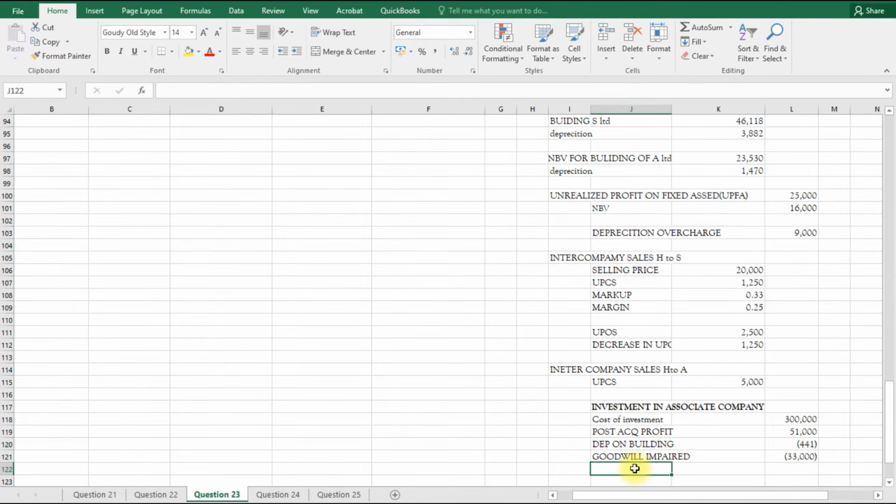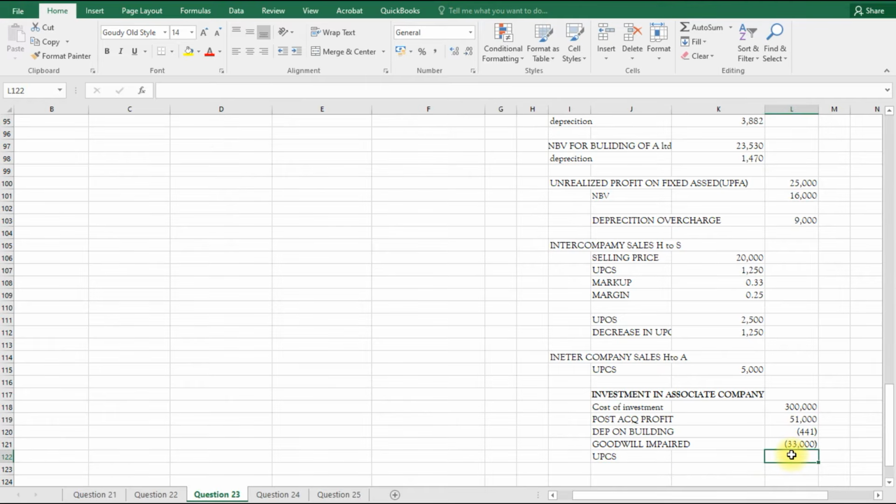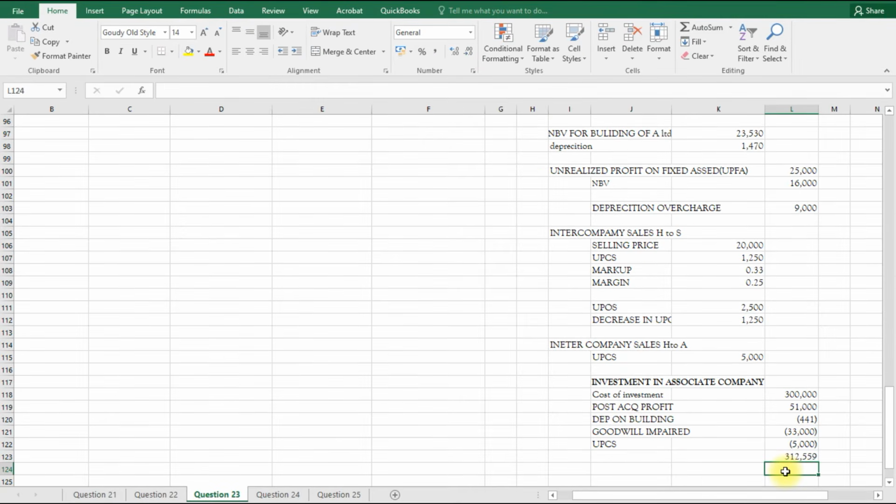Now let's do the UPCS. We had our UPCS here, the whole amount, which was 5,000, so I'll put a negative, negative 5,000, and I'll get the value here, alt equals, enter, this will be our value.